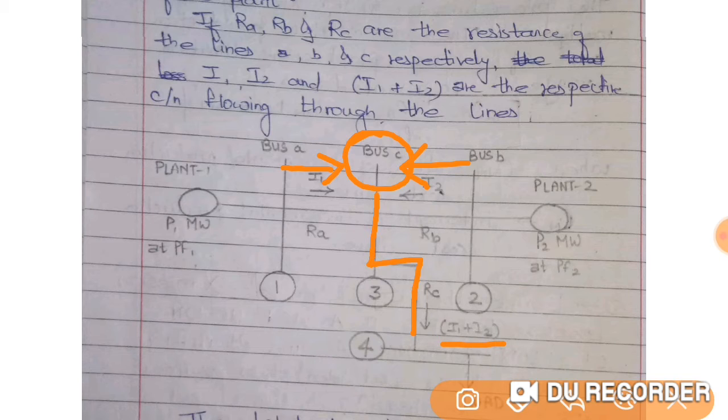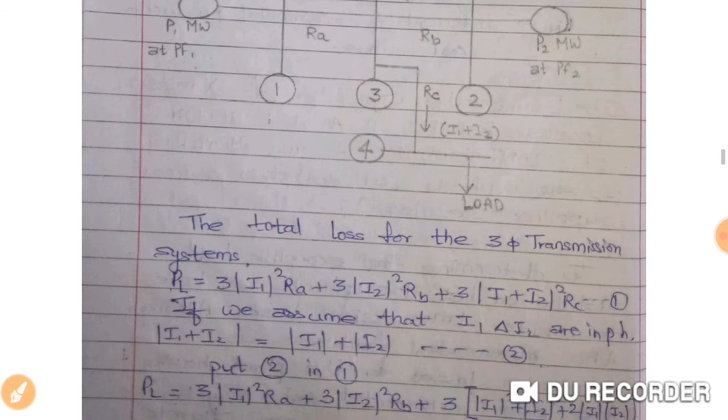So this is how we have the 3 buses here, bus A, bus B and bus C, and the currents in them are I1, I2 and I1 plus I2. Hope it is clear. Then further it will move to the load.